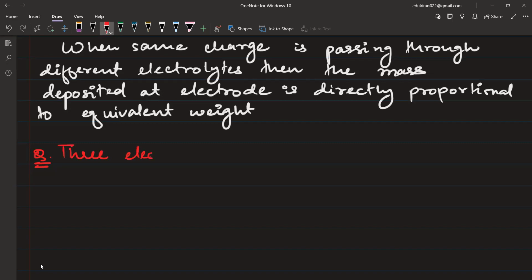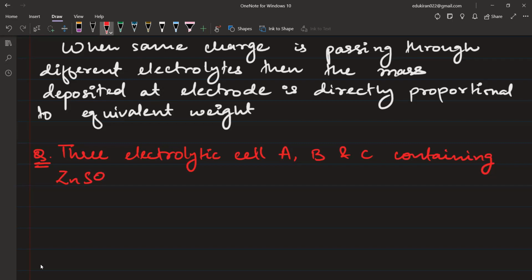See, electrolytic cells A, B, and C containing ZnSO4, CuSO4, and AgNO3 connected in series.